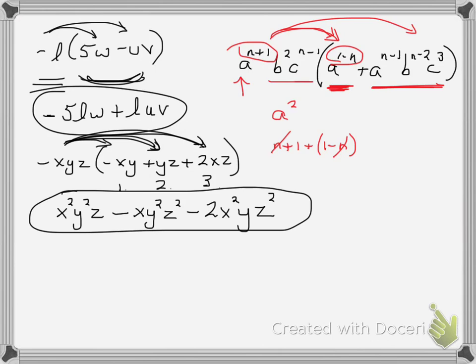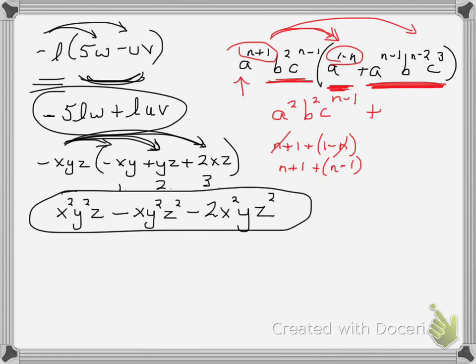Now, these things do not have to be combined for my first term, because I have no b or c, but I do have to copy them down. So b squared c to the n minus 1. Now, to combine for the second term, again, I'm going to add the n plus 1 for my a's plus n minus 1.